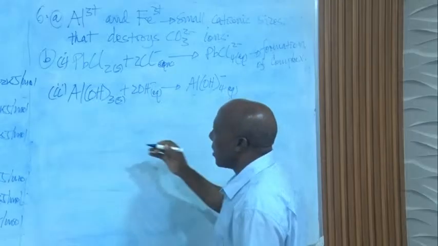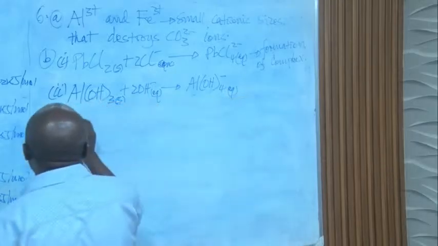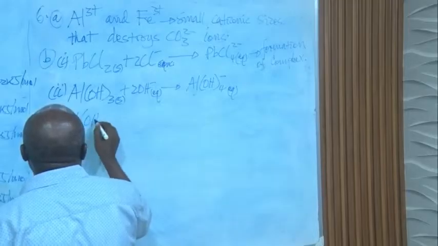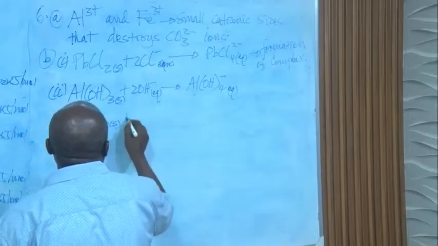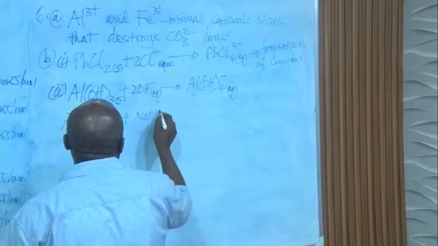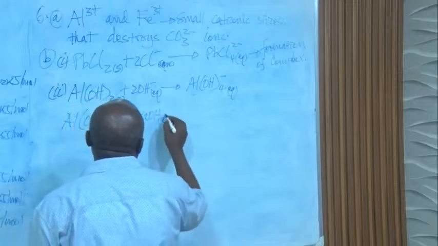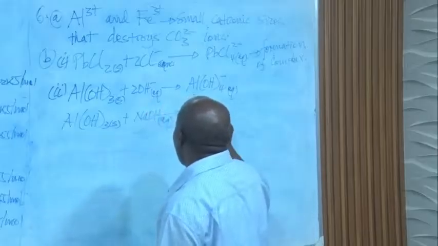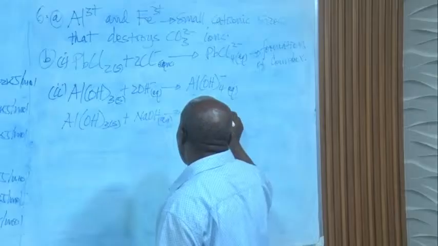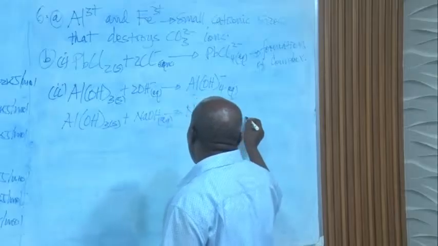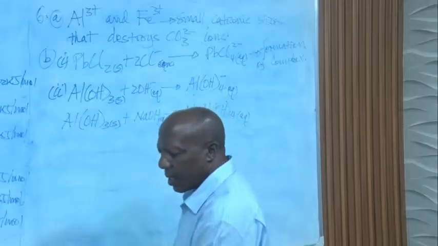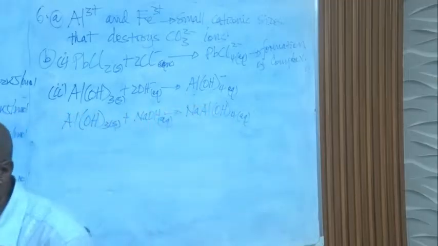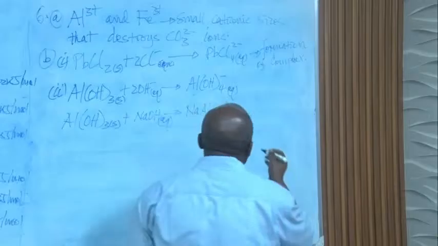So we can write it as aluminium hydroxide precipitate, that is a solid, plus sodium hydroxide aqueous. When it is in excess, then you get sodium aluminate, NaAl(OH)4, aqueous. So we say that aluminium hydroxide precipitate is soluble in excess sodium hydroxide due to formation of complex.